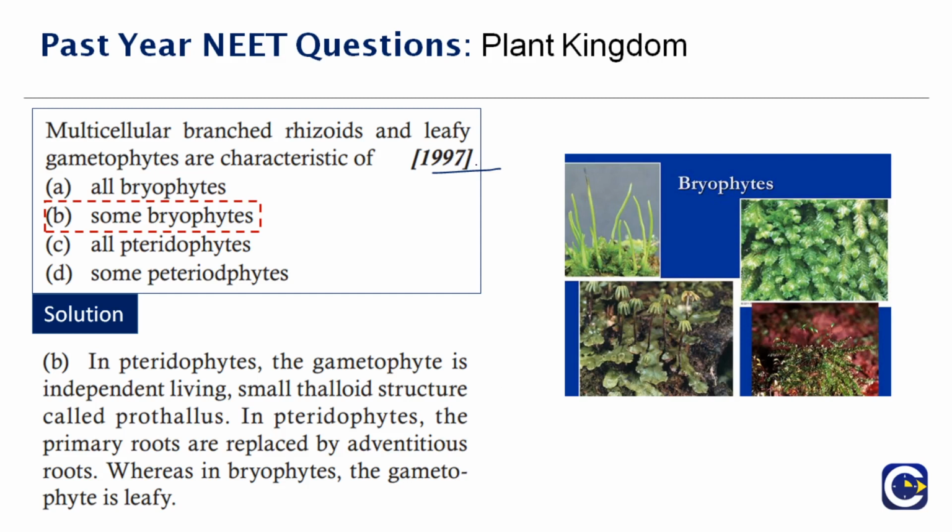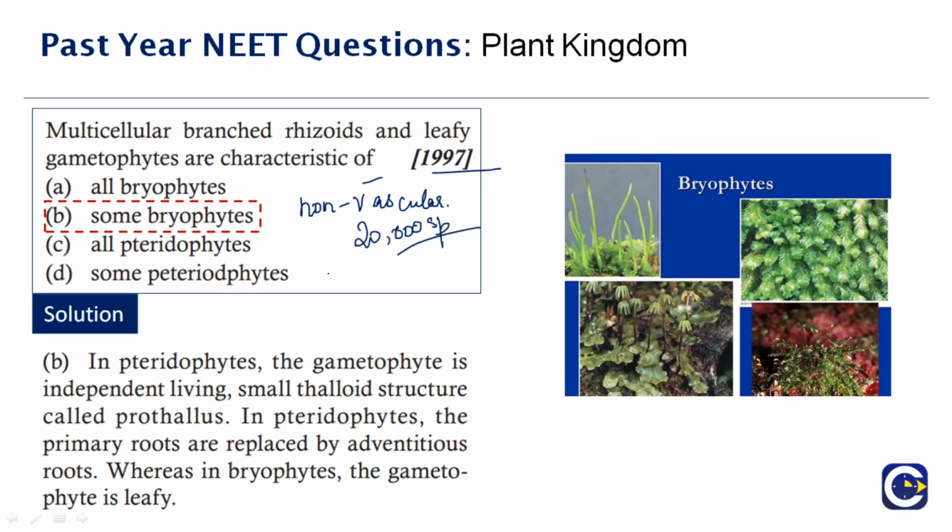Bryophytes, as we all know, are non-vascular plants. They do not have a xylem or a phloem system. Their sex organs are multicellular, they grow in moist habitats, and they contribute to more than 20,000 plant species everywhere.